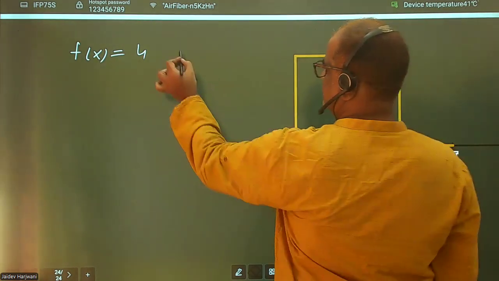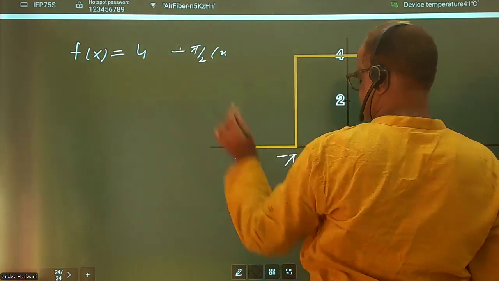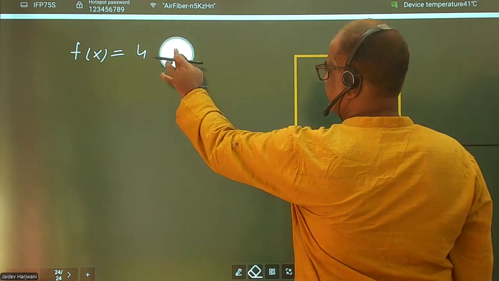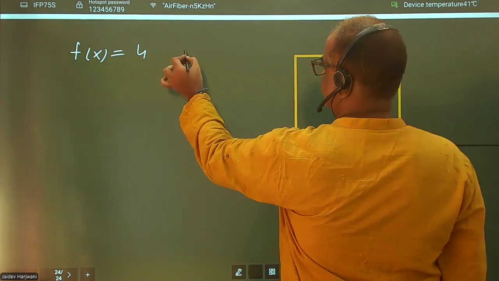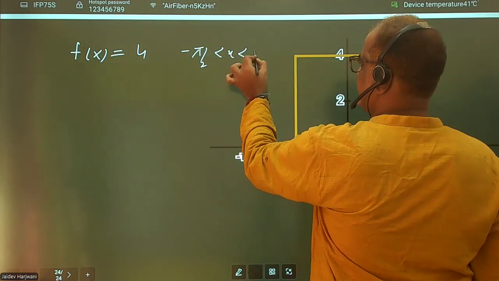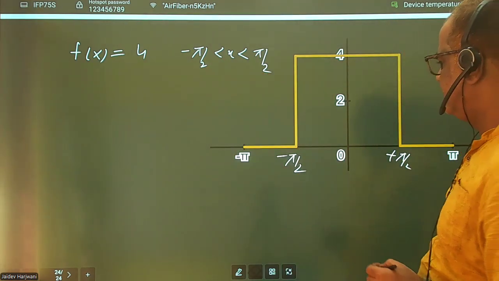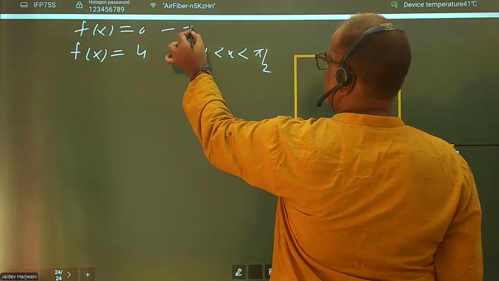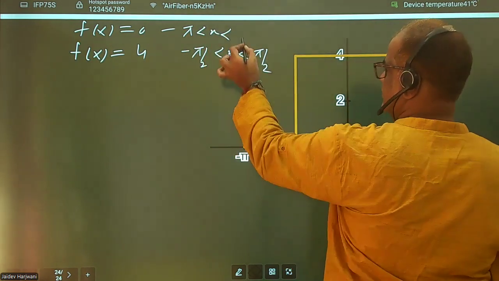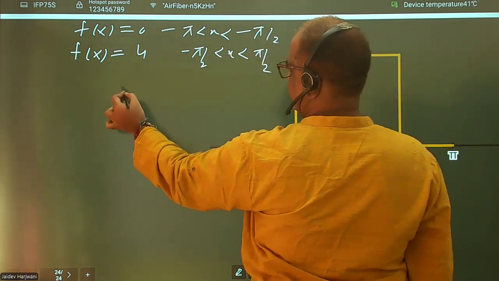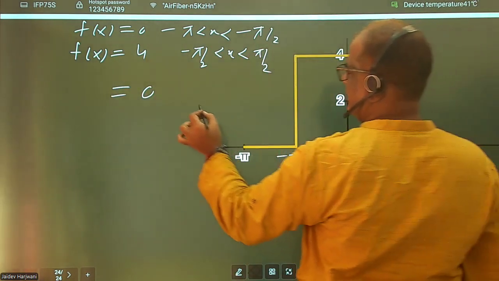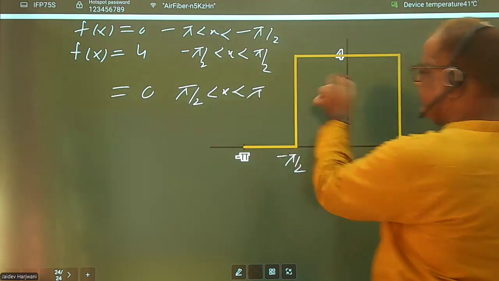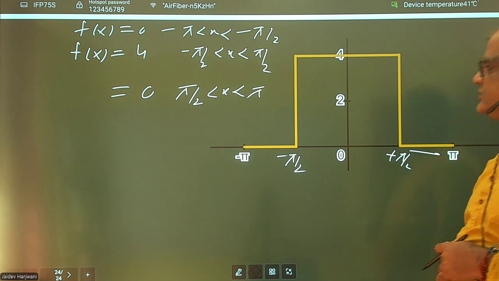So from minus pi by 2 to plus pi by 2, this function has the value 4, and the function value is 0 when you go from minus pi to minus pi by 2, and the function value is again 0 if you go from pi by 2 to pi. This is my function, and now this is the even function.